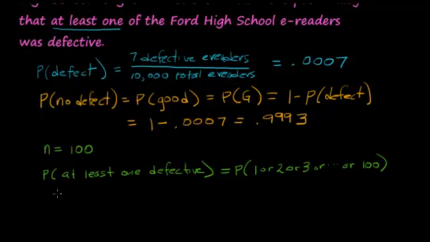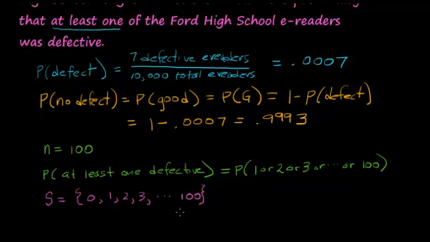What's our sample space here? Let's consider that. Our sample space for number of defects is they either found no defects, 1 defect, 2 defects, 3 defects, or 100, or all of the e-readers were defective. That's the possible sample space. These are the outcomes. You've got 100 e-readers and you're going to check every one of them as they open the boxes, and you've got some people there that's their job.